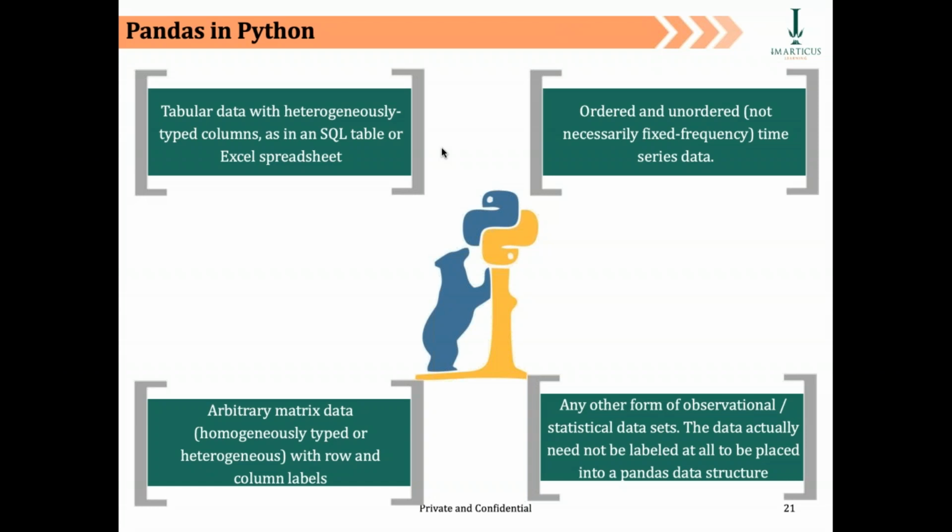Going forward, more and more we'll do machine learning examples in Python. We'll definitely call NumPy arrays, but mostly we are going to use the pandas data frame. The data need not be labeled at all places in a pandas data structure. If it is not labeled also, it can still parse the data.